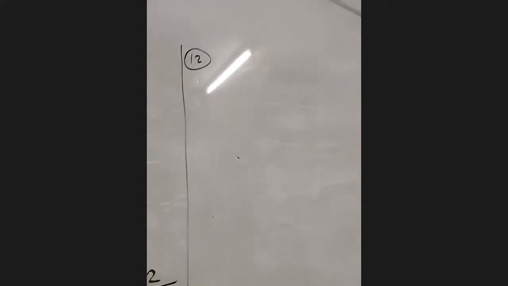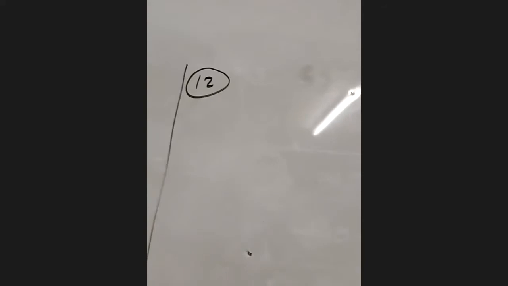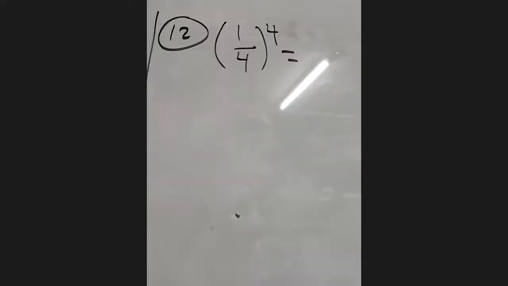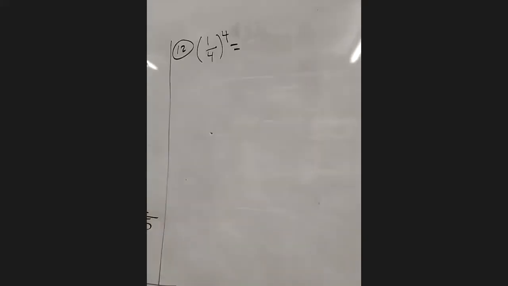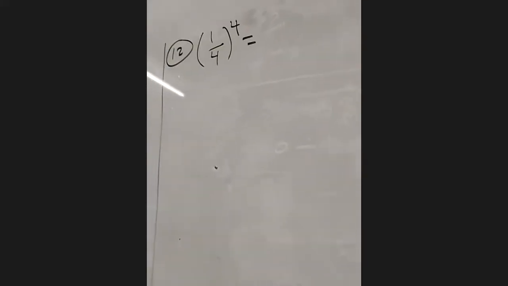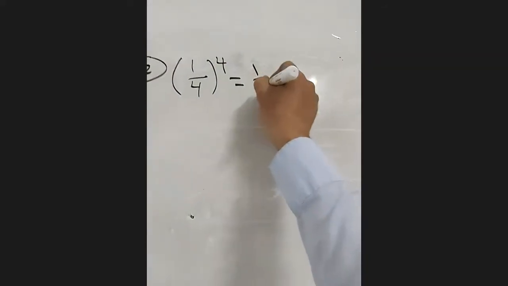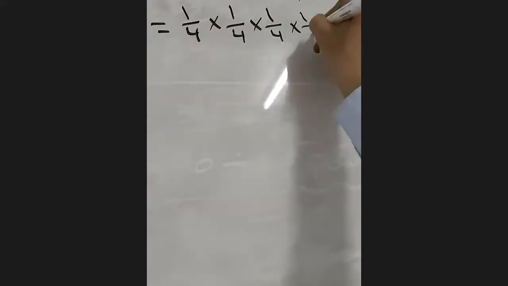Question 12, we have 1 over 4 to the power of 4. Sulaiman, how will we do it? 1 over 4 multiply 1 over 4 multiply 1 over 4 multiply 1 over 4, 4 times.